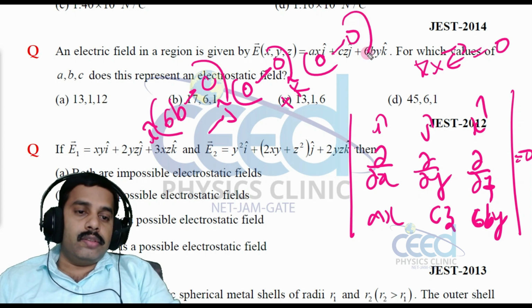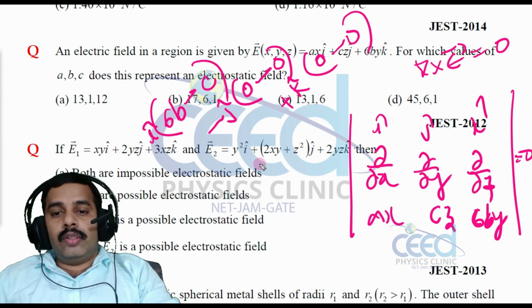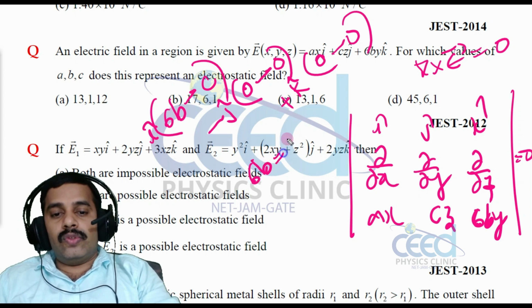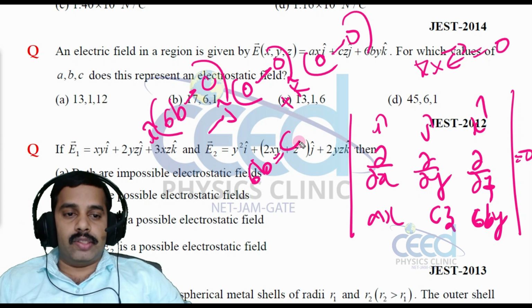So minus j cap is 0, and dou by dou z of ax is also 0. Alright. So 6b is equal to c, right? That is the condition which we get from this.